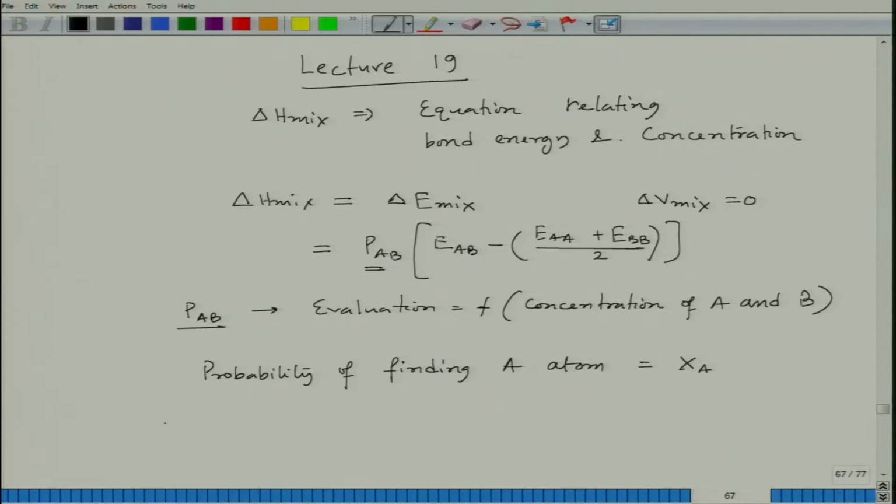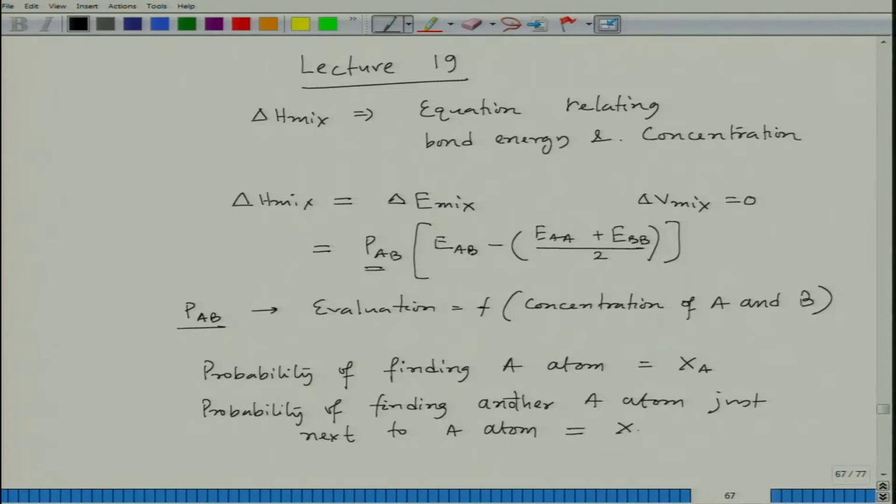Now, the probability of finding another A atom just next to the A atom is nothing but Xa into Xa.